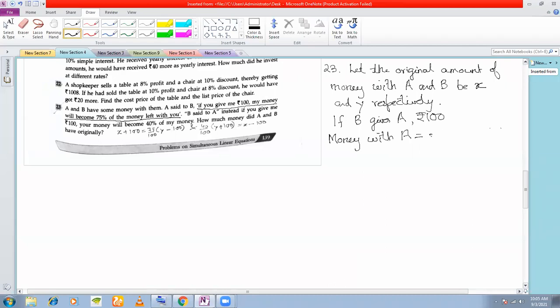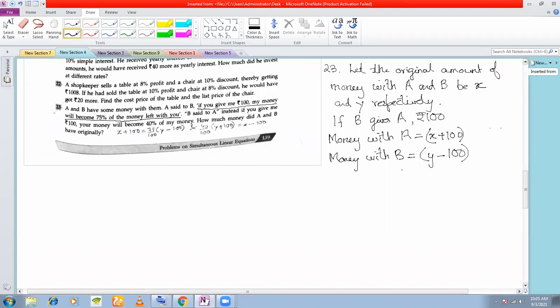Initially, A had X. So now if B gives him rupees 100, A now has X plus 100. And money left with B: B initially had Y. So now B has Y minus 100 rupees because he has given 100 rupees to A.